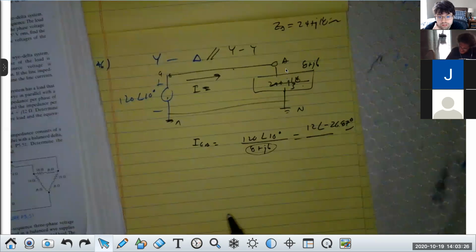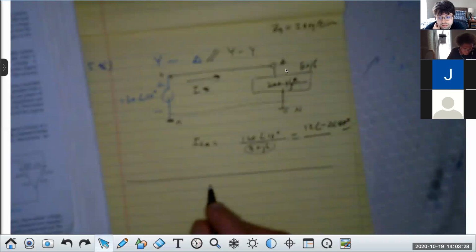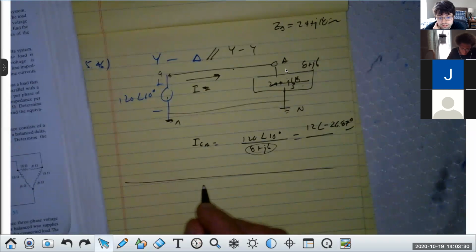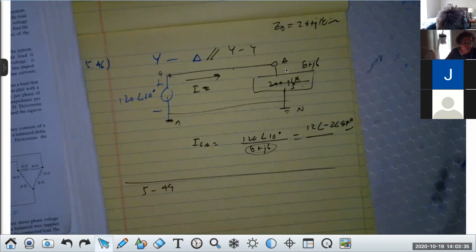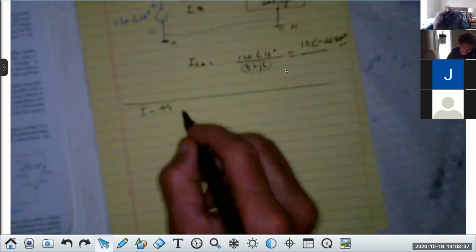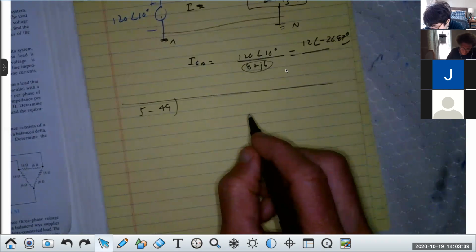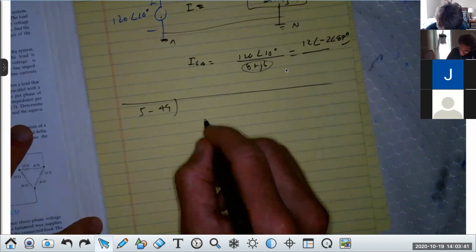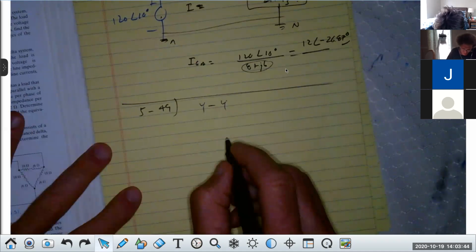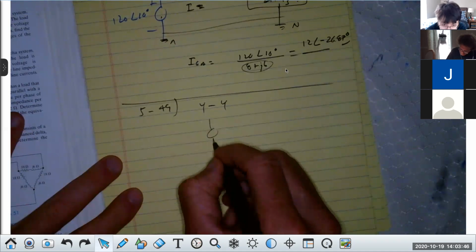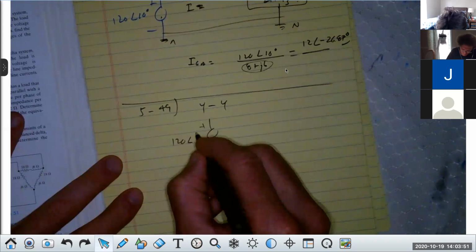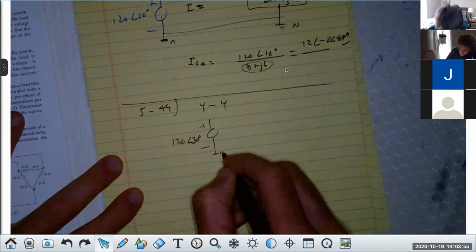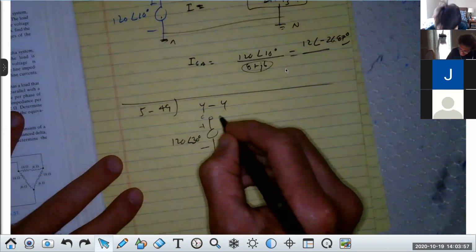So let me just draw this. This is 549. So for this one, it looks like this. We got, for the YY case, we'll get whatever they want in a second. We got 120 at 30 degrees. You can put this as small n if you want. That's capital A, I mean small a.